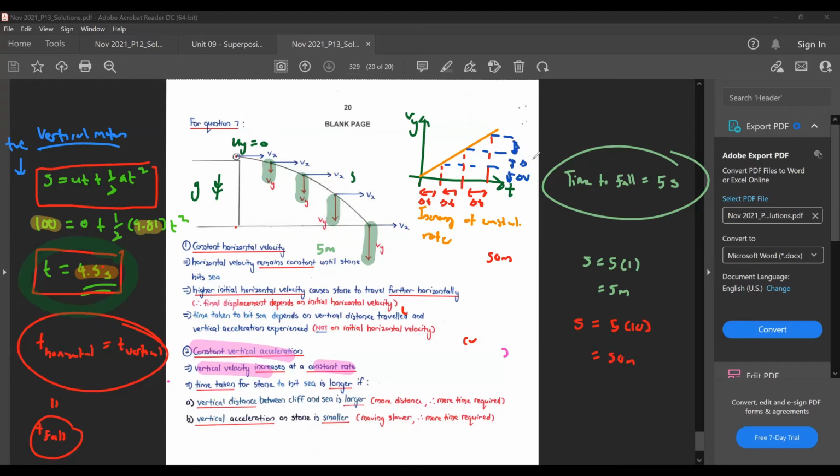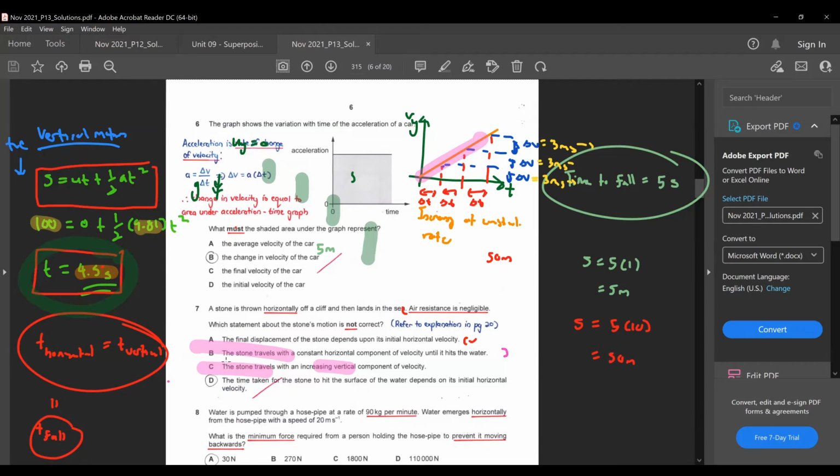This delta v, delta v, delta v. The velocity is increasing by the same amount each time. If I tell you that this one was 3 meters per second, this one will be 3 meters per second. This one will also be 3 meters per second. It's increasing by a constant amount. Basically, you can say something is increasing at a constant rate if you just see a straight line. That tells you that your values are increasing by a constant amount. Okay, what is this related to? It is related to C.